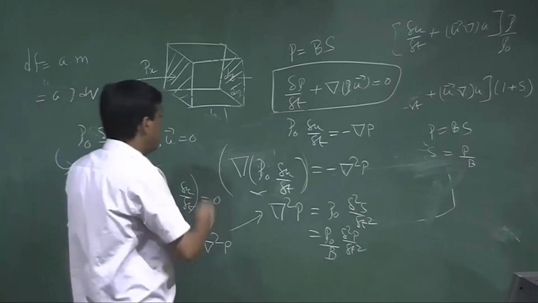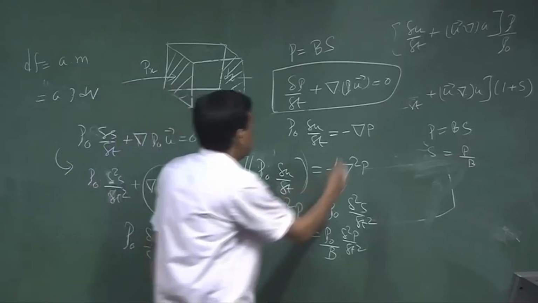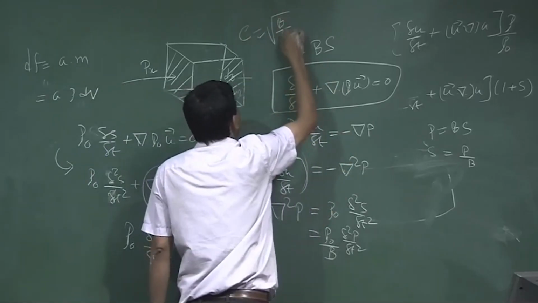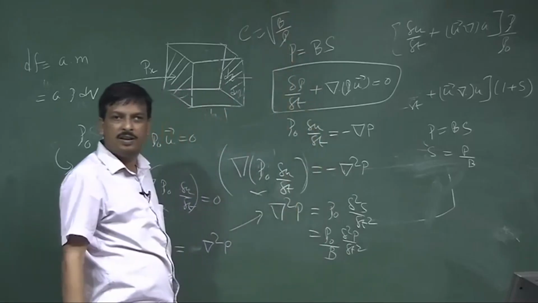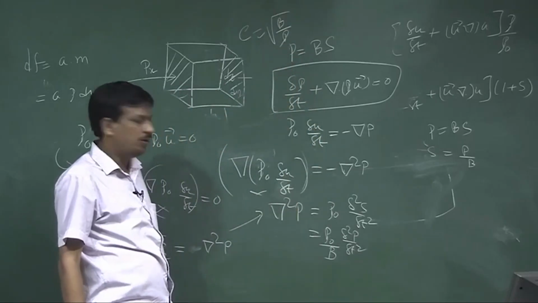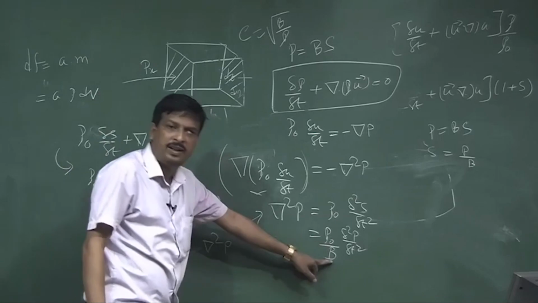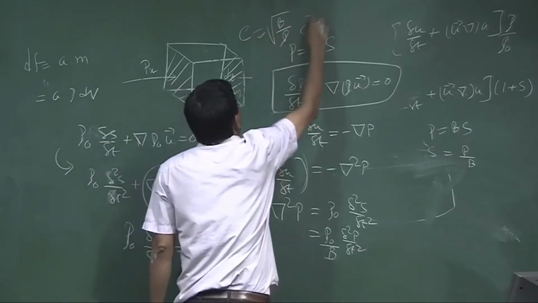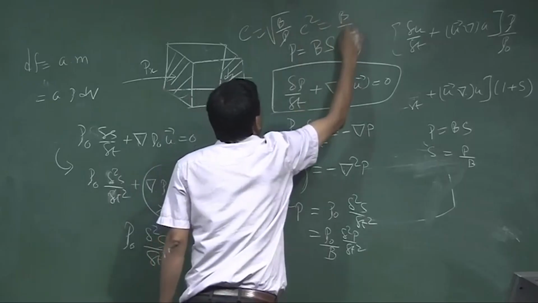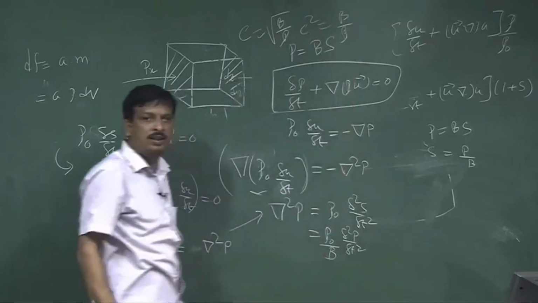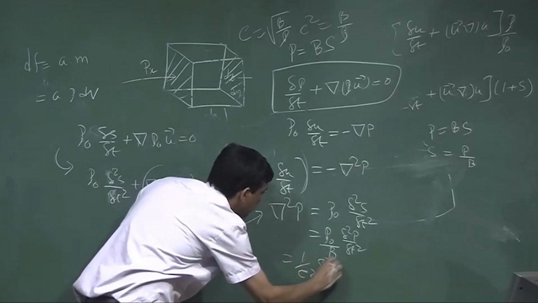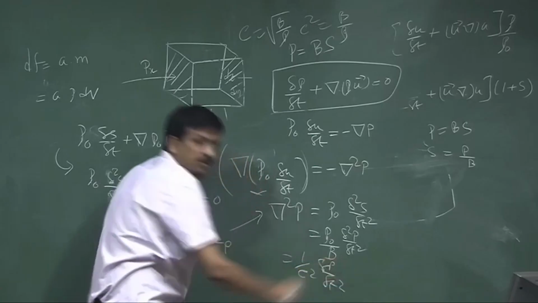So, what is C? C is nothing but, we said, bulk modulus divided by density. So, C square is equal to bulk modulus divided by density. So, it is nothing but 1 by C square del square P by del t square.